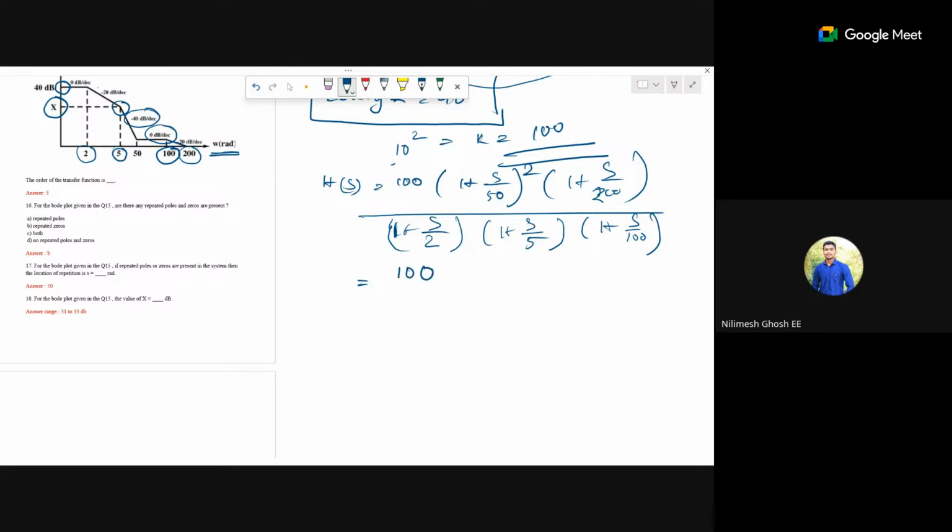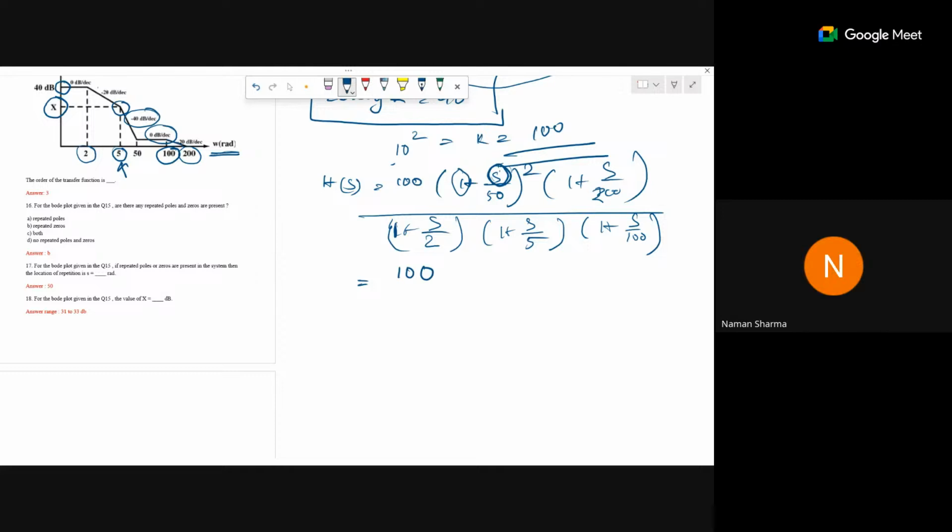Now see, if we put omega equal to 5 here, because my corner frequency is 5, I have to calculate the magnitude at a frequency of 5, right? Now 5 by 50 is much less than 1, right?